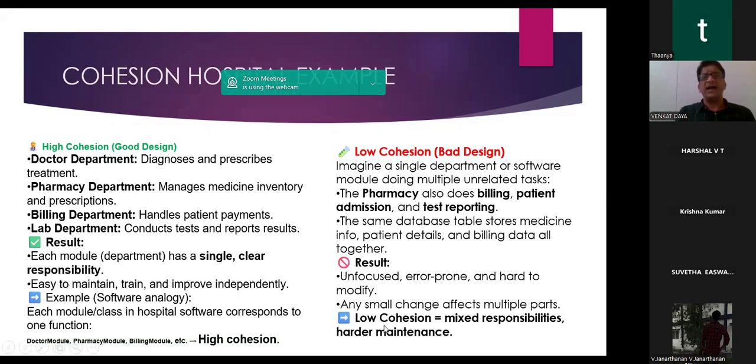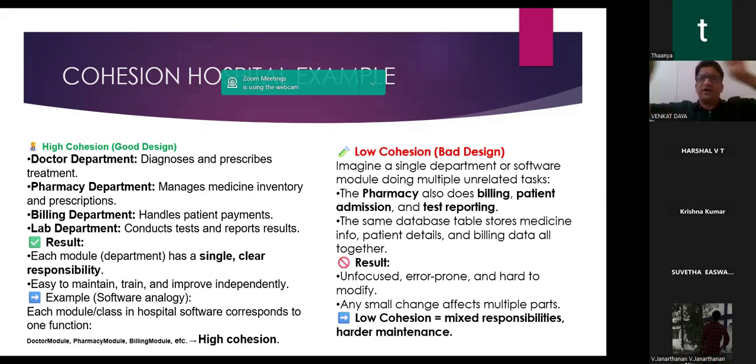Okay, so let's go to the hospital. Let's look at the bad design, low cohesion, right? A single department or a software module doing multiple unrelated tasks. Why? Pharmacy: you go and prescribe it, and the pharmacy also does the billing, also does the patient admission, also produces test reporting, which is too much confusion. We don't want to put everything in one module, right?